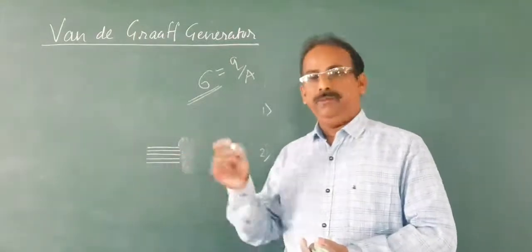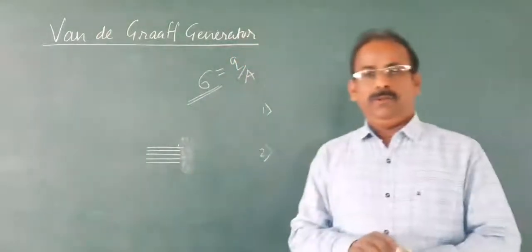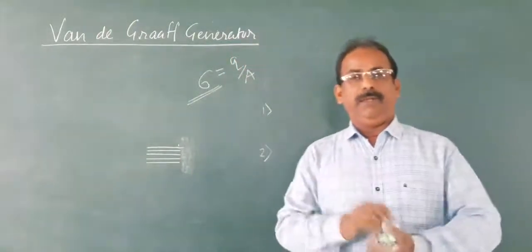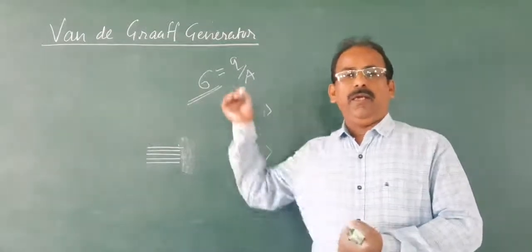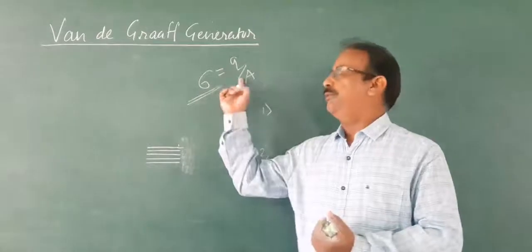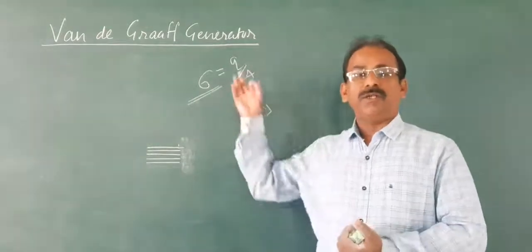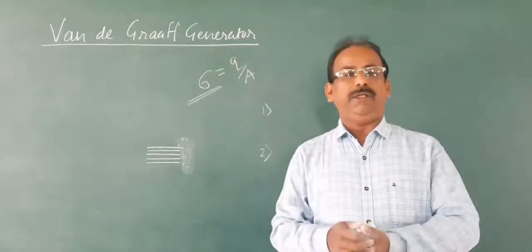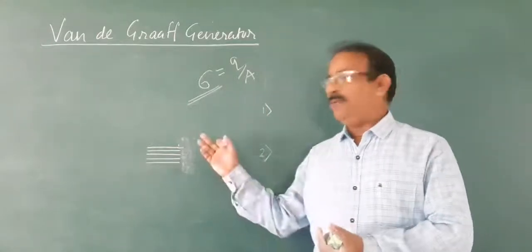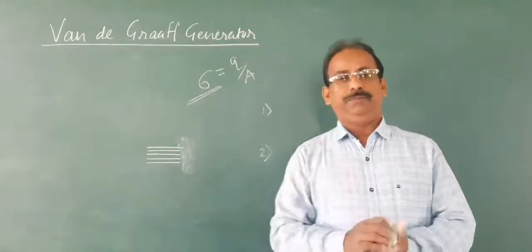At the end, where we consider it as a point, the area of cross section becomes very, very small, negligible, nearly 0. If the denominator is nearly 0, this fraction will become nearly infinity. This means sigma is very, very large at the end of the wire.